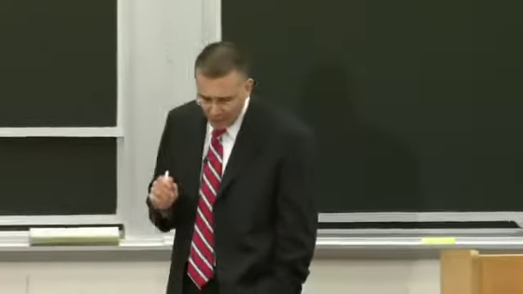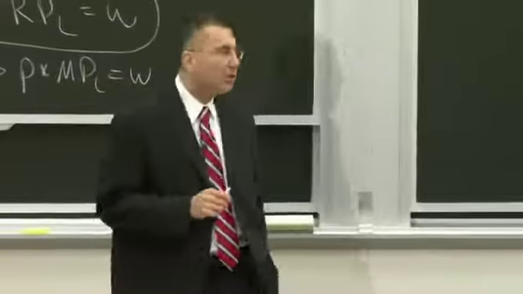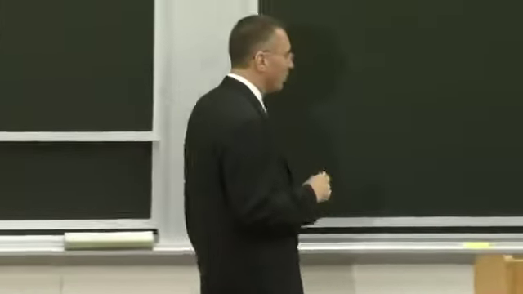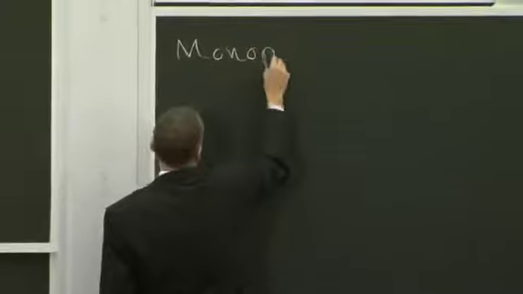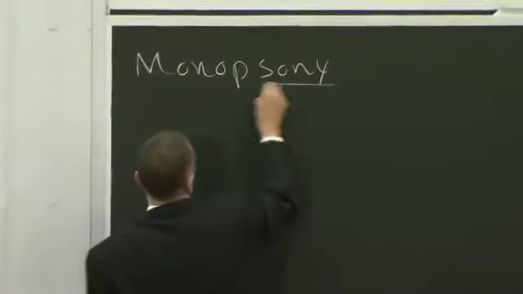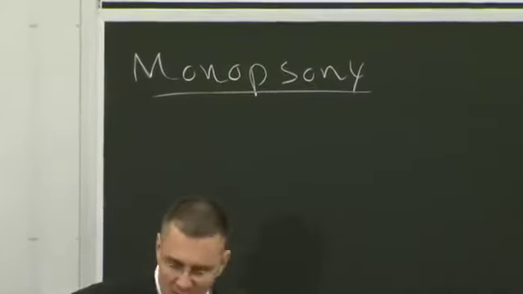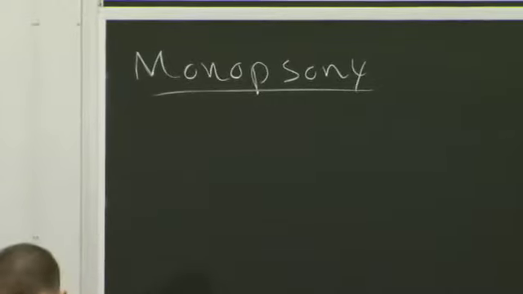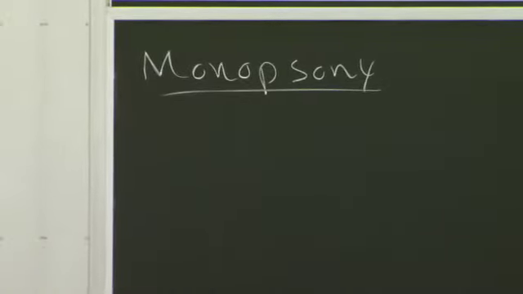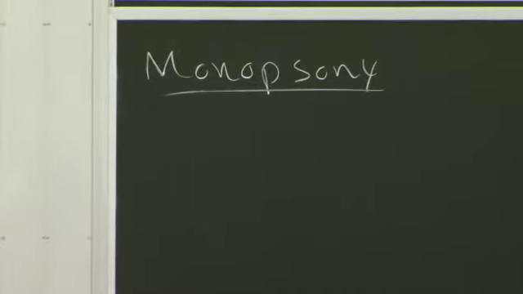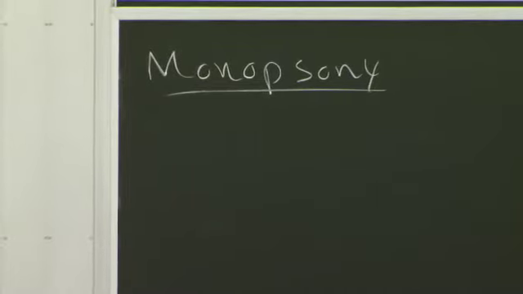Let's now talk about a little more interesting case, which is one of my other favorite words in economics, which is the case of monopsony. Not monopoly, but monopsony. We've been talking in lectures about monopoly, which is a case where one firm is the only seller in the output market.